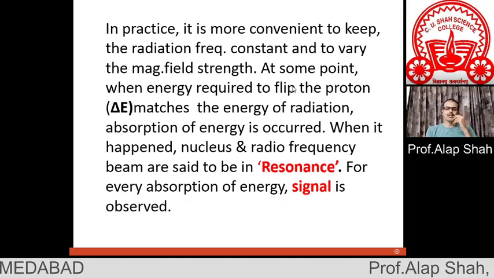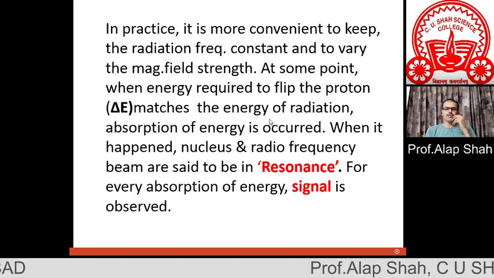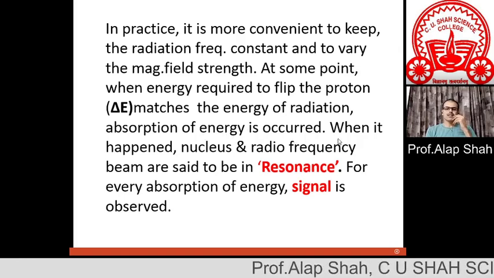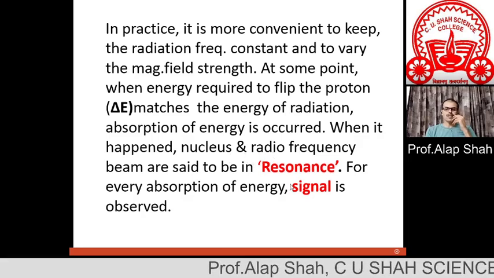At some point the required amount of energy delta E at a particular value of magnetic field matches the frequency of the radiation, and at that time absorption of energy takes place. When this happens, we can say that the nucleus and the radio frequency beam are in resonance.